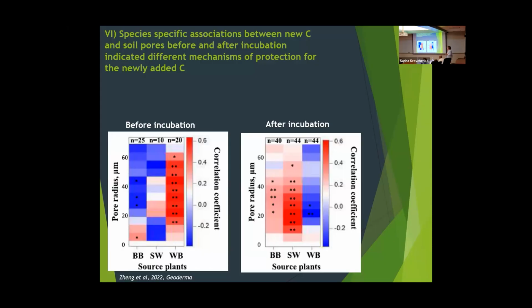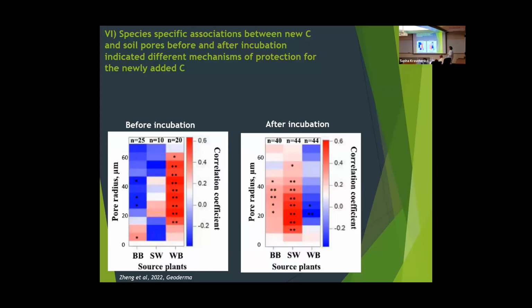On the y-axis are these four pore size groups, and the color scheme represents correlation coefficients between the abundance or volume of pores in each size group and the carbon in that location.